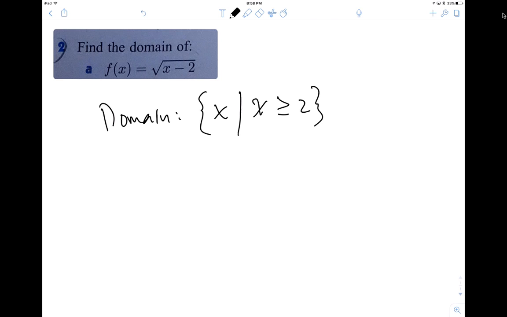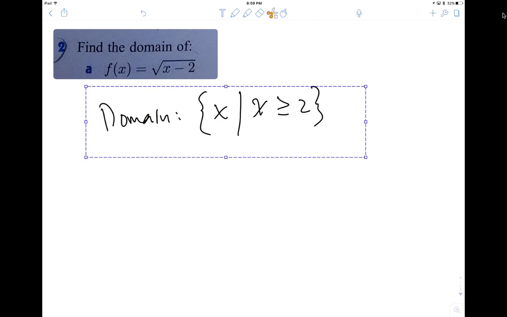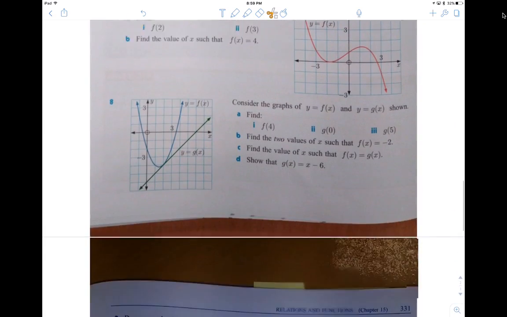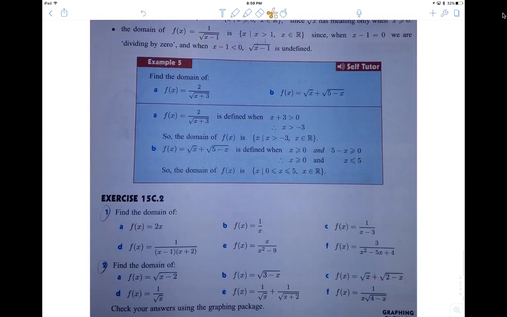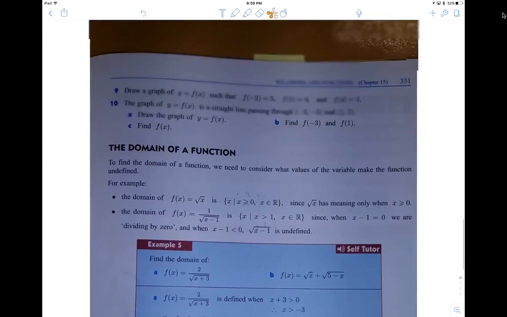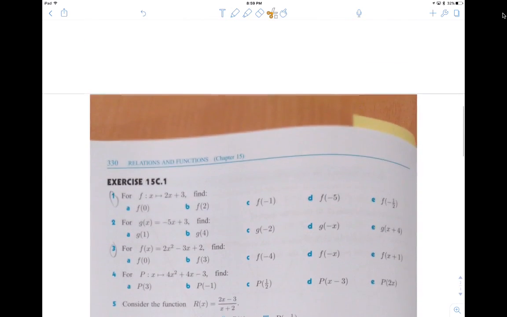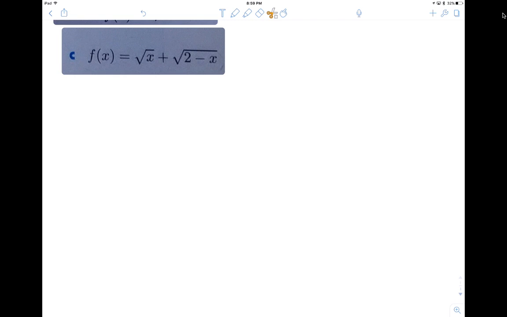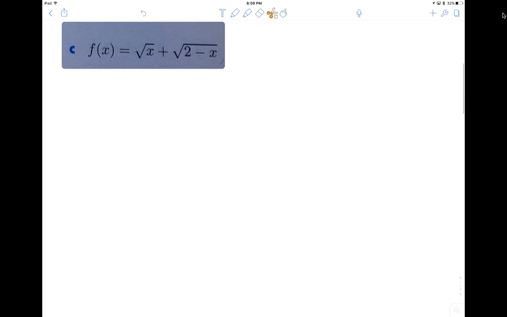But we better do one more that's got a couple of terms. So C. There are a couple of ways that we can end up with a negative square root, which is not good. Well, first of all, look at the square root of x term.